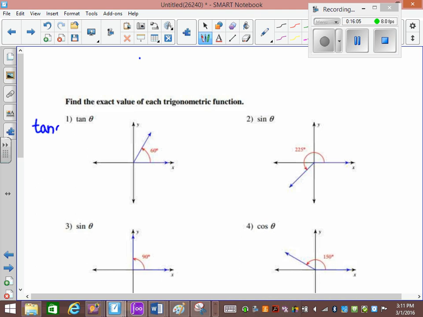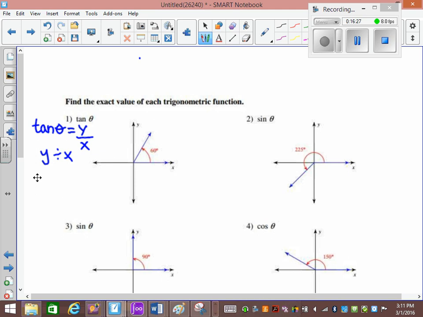So tan theta is opposite over adjacent, which is y over x. Or we could say y divided by x, correct? Yes. We have y's and x's at those values. So we just need to go to the 60-degree value, and we need to take the y value at 60 and divide it by the x. That's how we get tan.